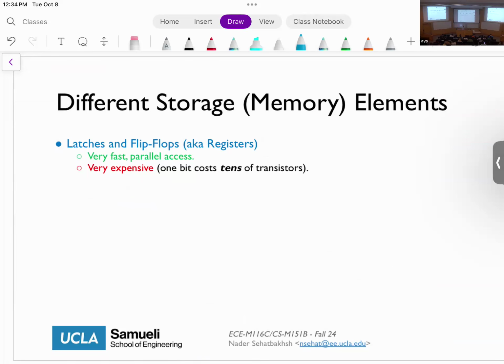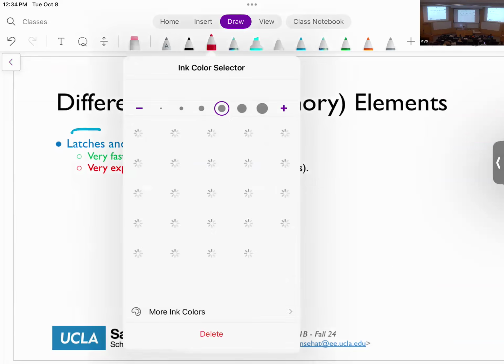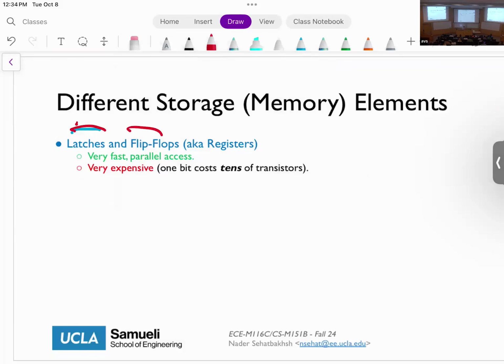We have what we call the registers, which are essentially either latches or flip-flops. These are very fast, but very expensive. When I say expensive here, I mean the number of transistors, the area that it takes, okay? In order to store one bit in a register, you typically need tens of transistors.